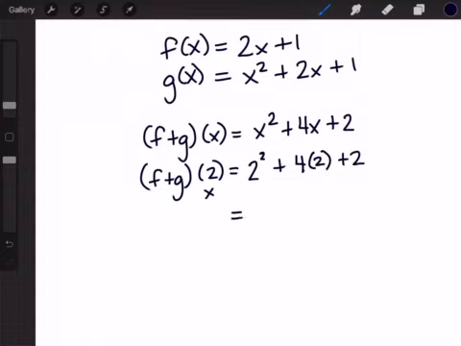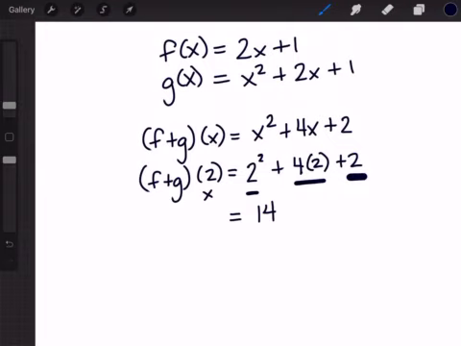So then my new function evaluated at 2 would be 4 plus 8 plus 2. Excuse me. So we've got 14. And this could work for any operation that we're going to do this with.